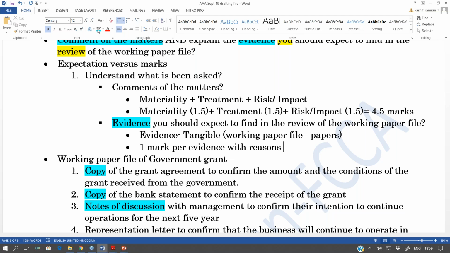Is everyone clear on the structure, the marking scheme, and the expectations of the examiner? If I can get your quick feedback about the understanding so far in the very first 1 hour of this session. Because in the next 2 hours now, we have to go through the drilling process. Is everyone sound on knowledge, procedures, and evidence?